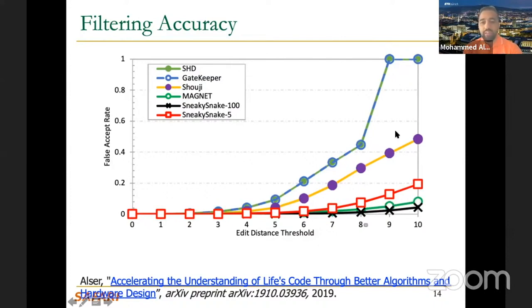The dark green over here is SHD, then GateKeeper overlaps with that. You can see, for example, GateKeeper at a distance threshold of 9 or 10, they don't reject anything, so they accept basically everything. So they have a false accept rate of 100%, and Shouji is somewhere in the middle. But they all still perform very well up to 5%, which is the typically used distance threshold. So we normally use somewhere around 5% of the sequence length.